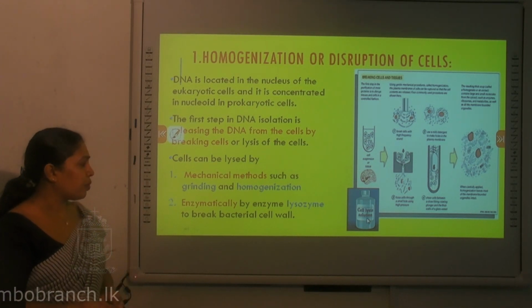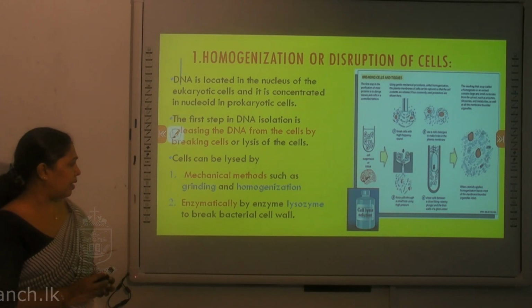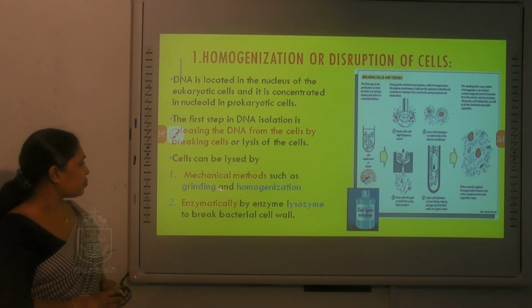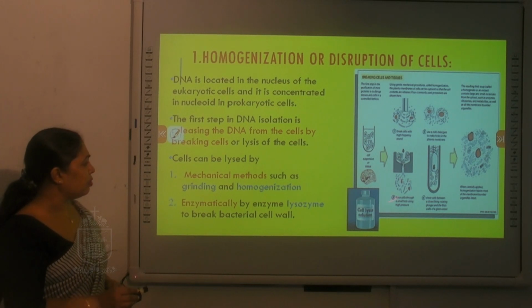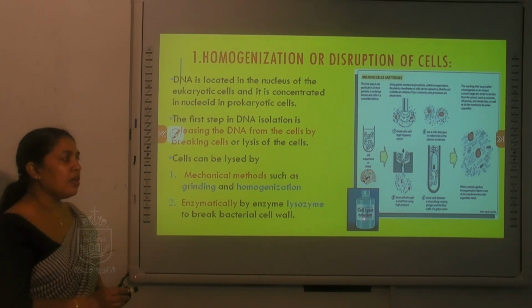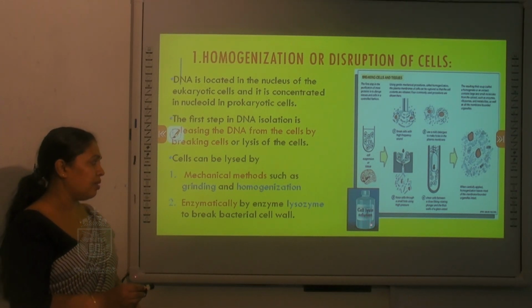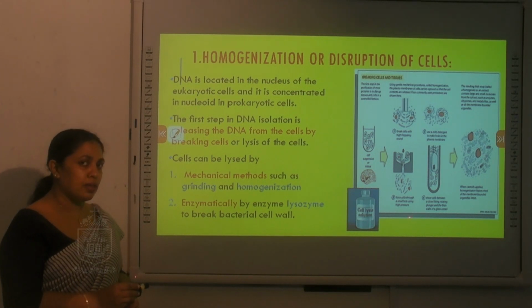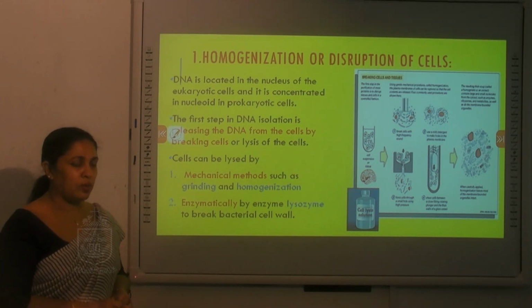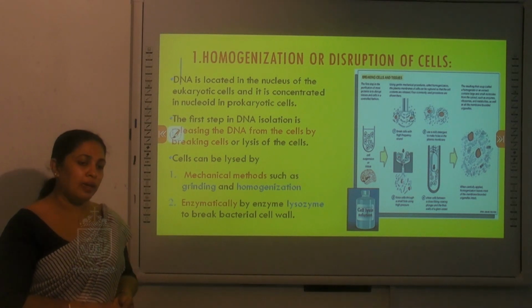So we use mechanical methods as well as chemical methods. These are the mechanical methods, and in chemical methods we use a cell lysis solution. It actually has the lysozyme enzyme, which is in the lysosomes and causes cell lysis.